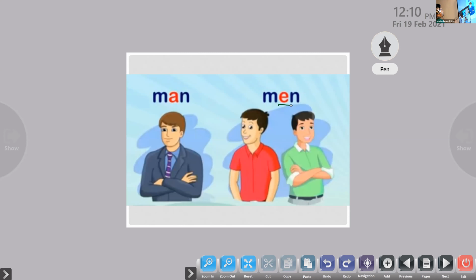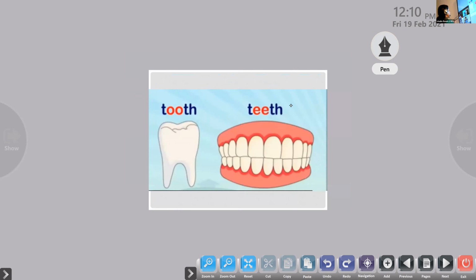Man, men. You're not repeating it. Are you all repeating? Tooth, teeth. Tooth forms the plural from the singular by changing the inner vowels. Tooth, teeth.